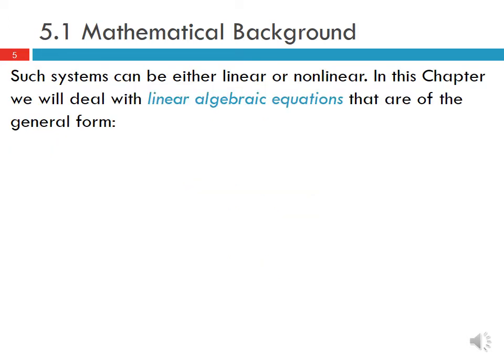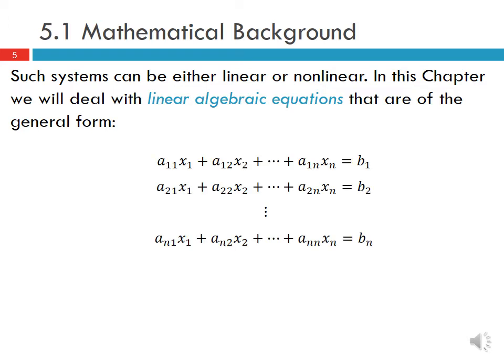So these systems can either be linear or nonlinear. In this chapter, we're going to deal with linear algebraic equations that are of the general form shown here. So a11x1 plus a12x2 up to a1n xn equals b1. And this can be repeated to an1x1 plus an2x2 up to ann xn equals bn.